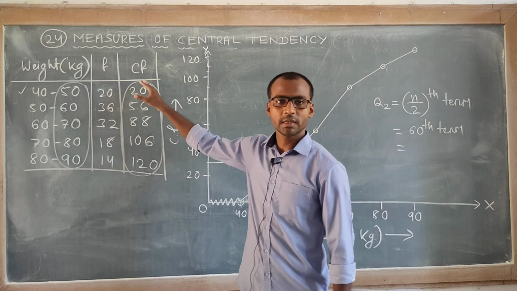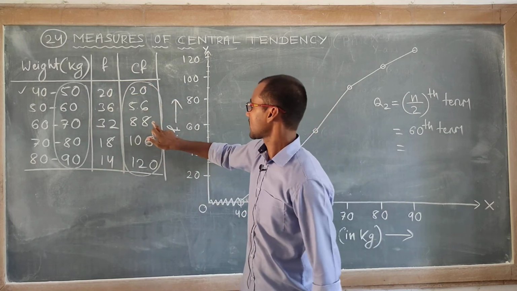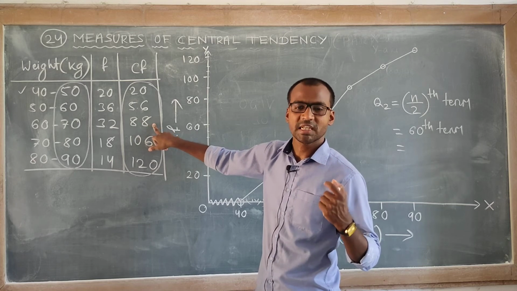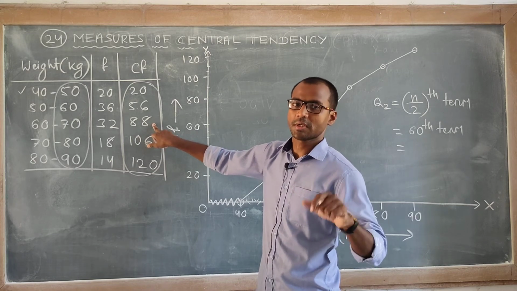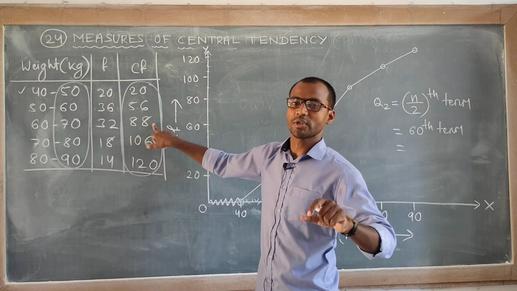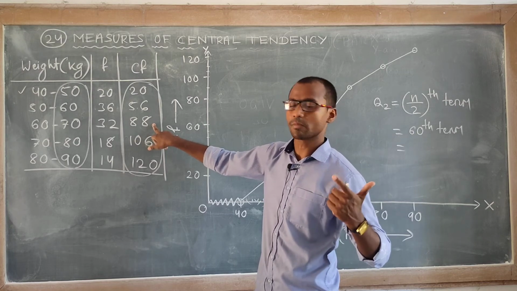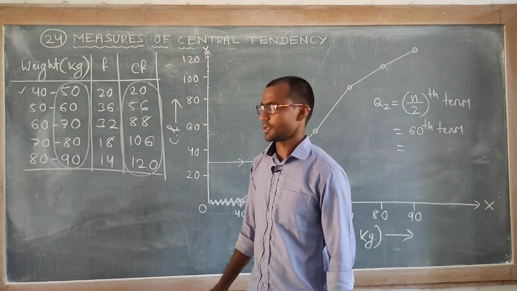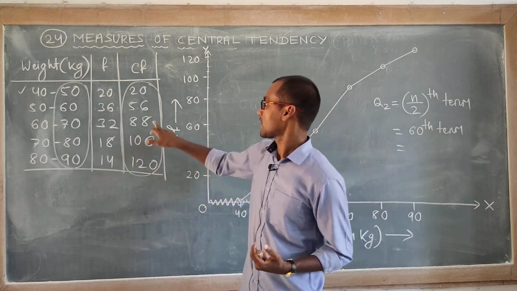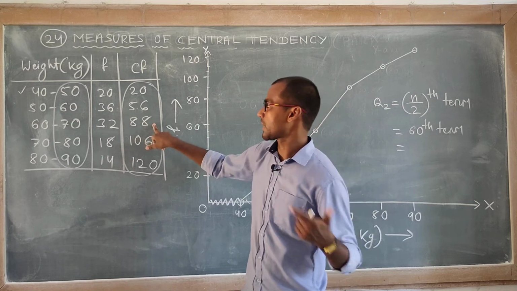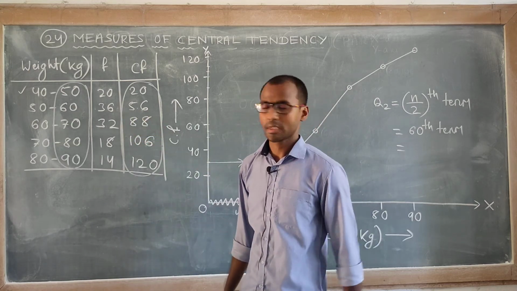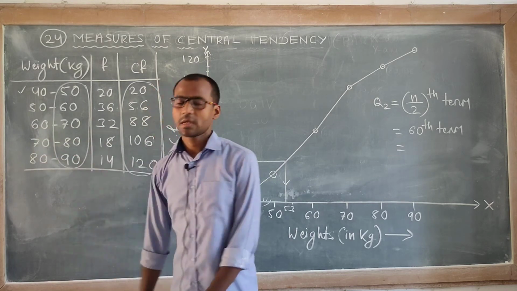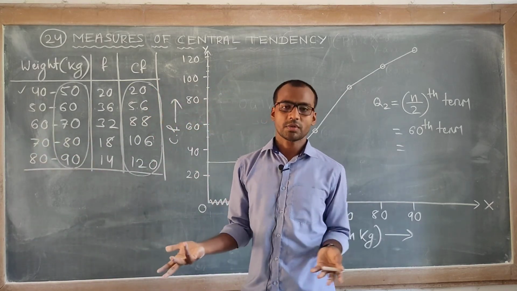Now look at the table. 60 will be here, 88. 88 means 57 to 88. These children having positions 57th to 88th, their weight is in between 60 and 70. But what is the exact weight of that 60th child, that we cannot find from the table. We can just say that his weight is in between 60 and 70.